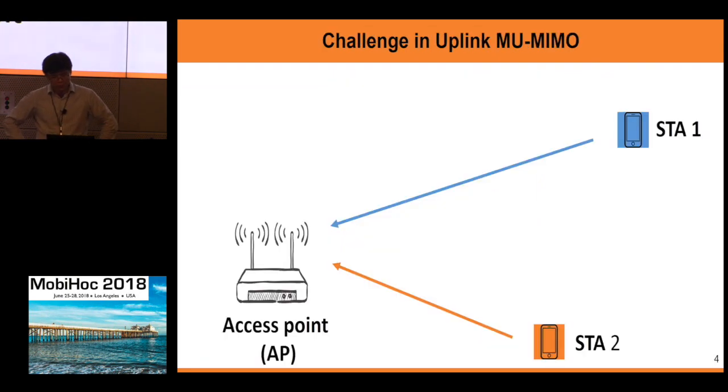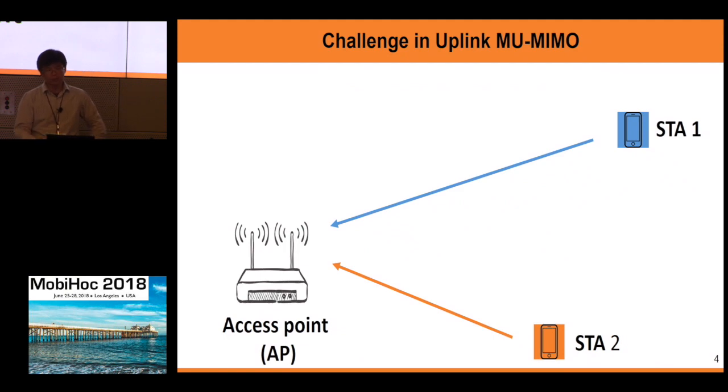So what's the challenge in uplink multi-user MIMO in Wi-Fi networks? Let's look at one example. There's an access point and two stations. The stations are user devices. Each station has one antenna and the access point has two antennas.